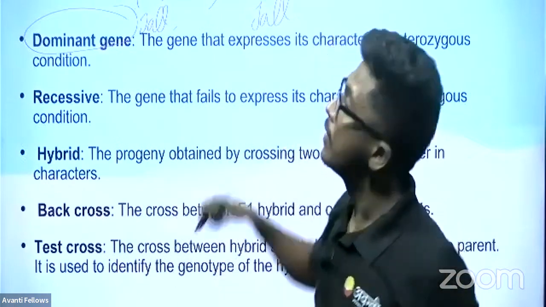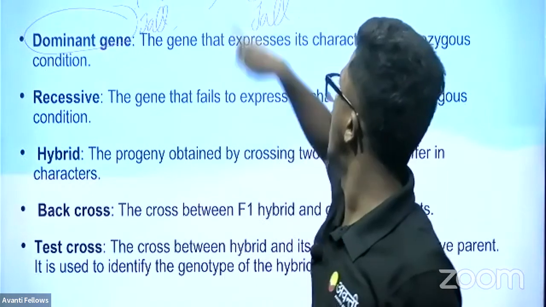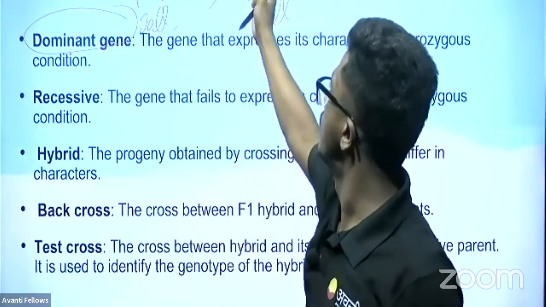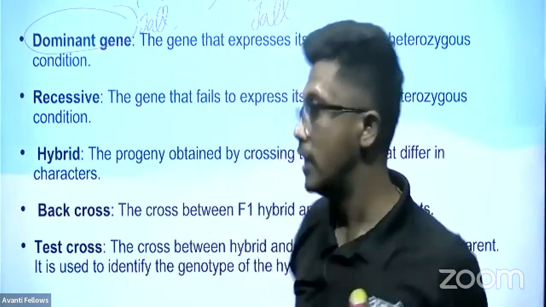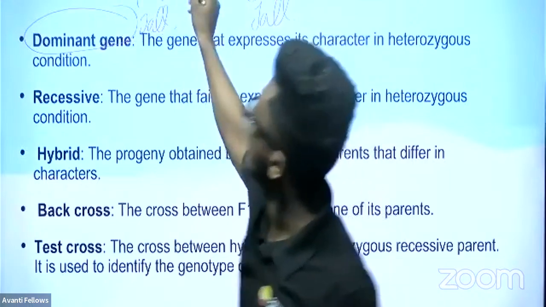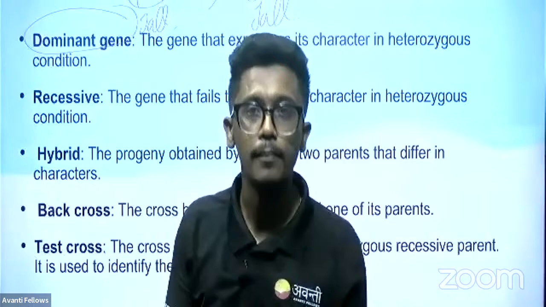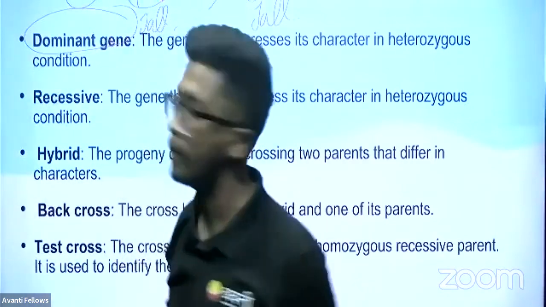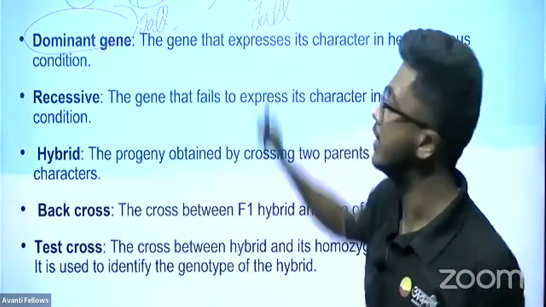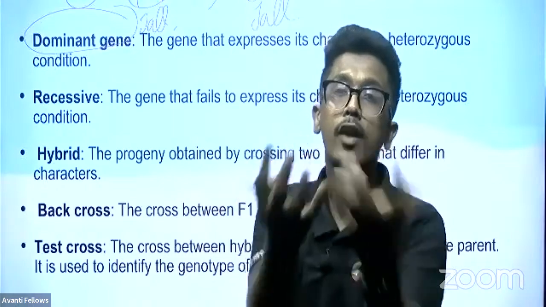What is the difference? The alleles are in heterozygous condition, not homozygous condition. If I have capital T and capital T, there is no point in explaining whether it is dominant or recessive. Both are same. The expression is same. Same goes with small t and small t. But in this condition, alleles are in dissimilar or heterozygous forms.